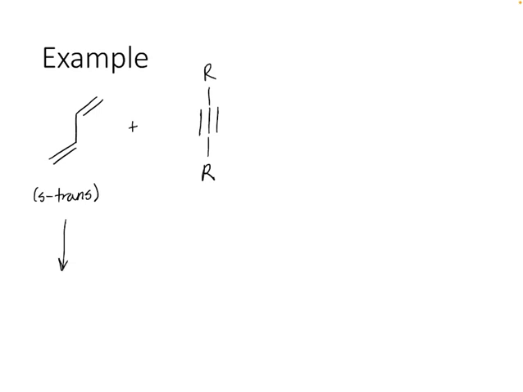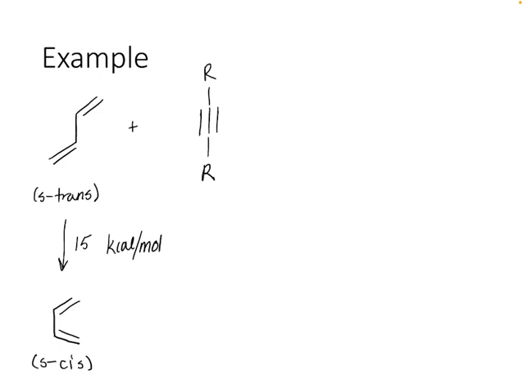So if we add 15 kilocalories per mole of energy, the S-trans molecule will rotate into S-cis. So remember we went over this rotation in a previous lecture. So the 15 kilocalories per mole has been measured previously, and that's how much energy is needed for S-trans to rotate into S-cis.